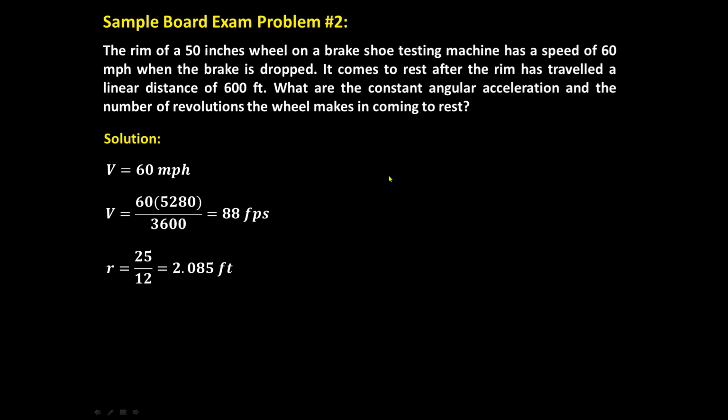Kaso, katulad ng sabi ko kanina, dahil isa sa mga unit ng mga given is nasa feet, so mapipilitan tayong i-convert ngayon ang radius sa feet. Maybe, possibly, ang mga choices nasa feet, or feet per seconds, or feet per square seconds. So, na-convert na natin pareho ang velocity at ang radius sa feet per seconds and feet respectively.